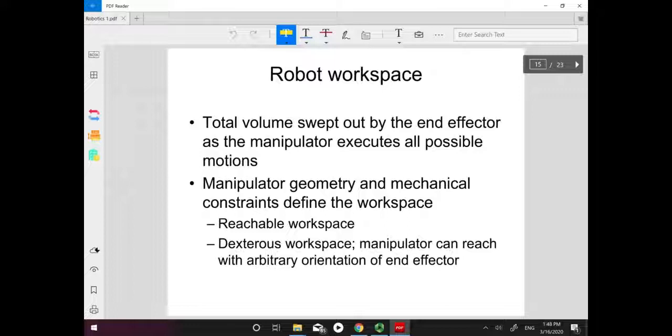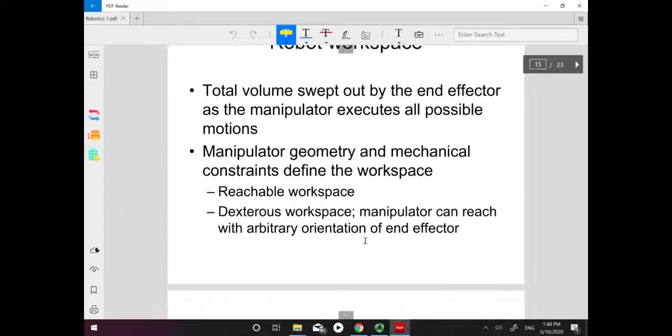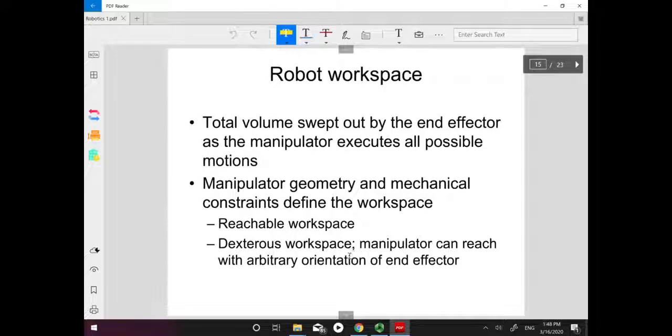If we cover those spaces, that is the workspace of the robot. For a manipulator, the geometry and mechanical structure define the workspace. So what is the reachable workspace? Based on further calculation, we will be able to see that.